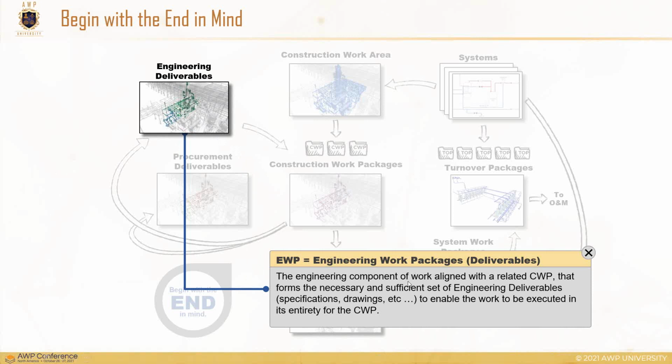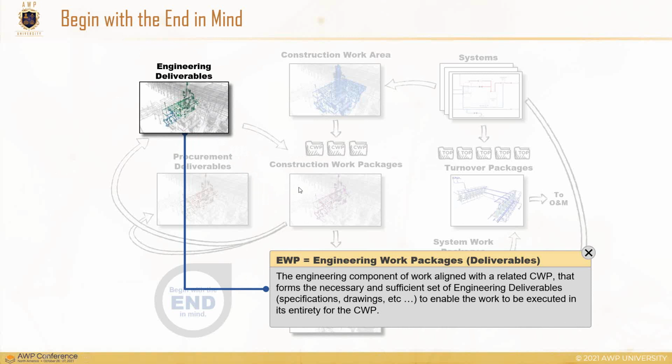EWPs are typically not considered a physical package as much as they are a grouping of data. And how that grouping of data ties to and is affected by the scope of a construction work package, and vice versa. So the scope of an EWP should be as close as we can make it to the scope of a CWP, or the engineering deliverables for it.